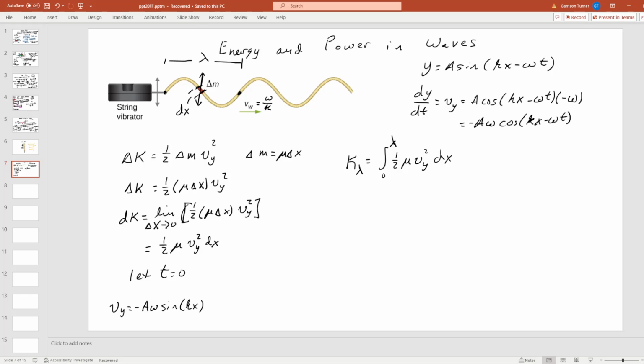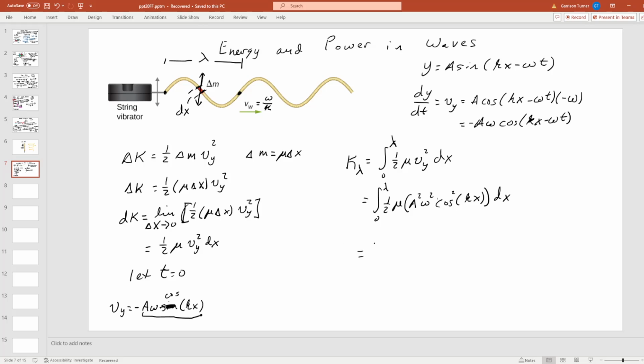This is what we're going to plug in for Vy, but we're going to square it. So this becomes the integral from 0 to lambda of 1/2 mu A squared omega squared, whoops, this is cosine, cosine squared kx dx.